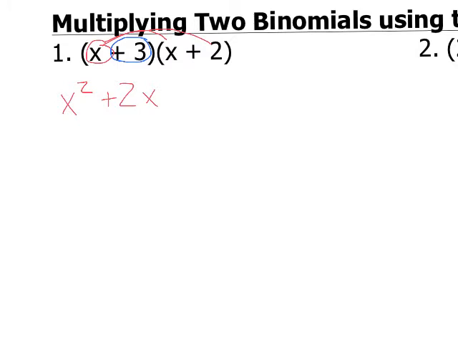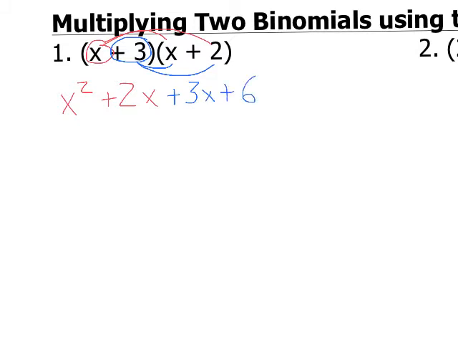So this positive 3 also needs to be distributed to both pieces. I would highly suggest drawing in the lines as you're getting better at this. I realize at some point you may not need to, but for now, make sure you draw the line so you don't forget anything. So now 3 times x is plus 3x, and 3 times 2 is plus 6.